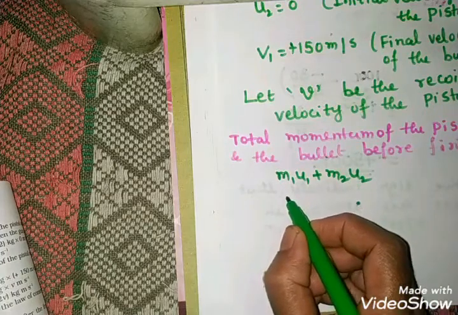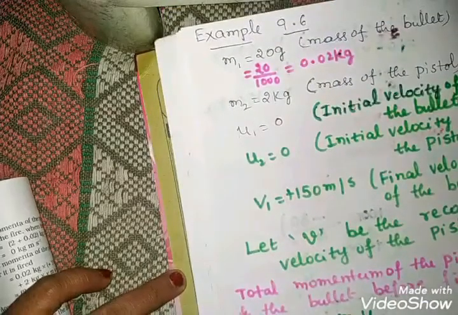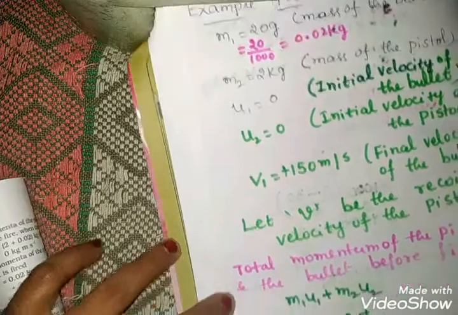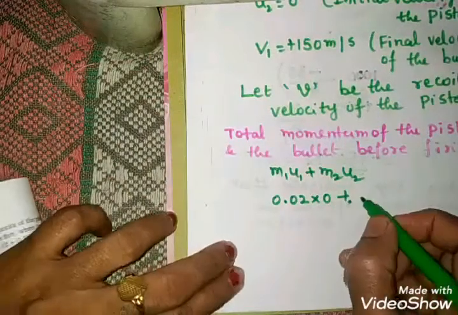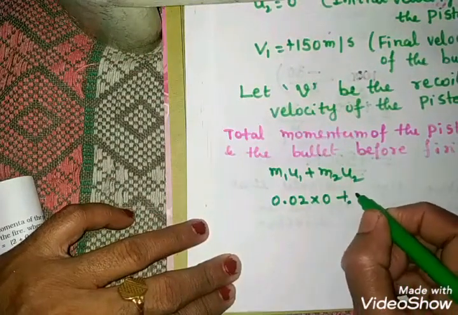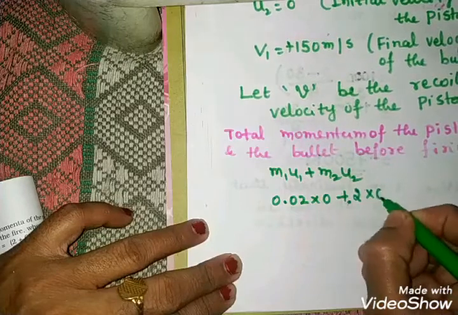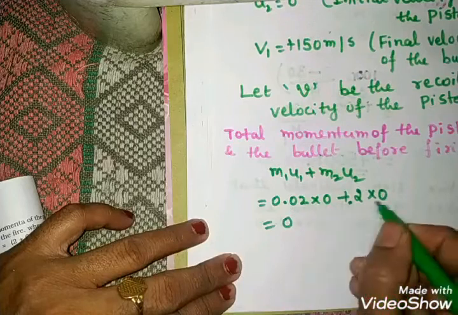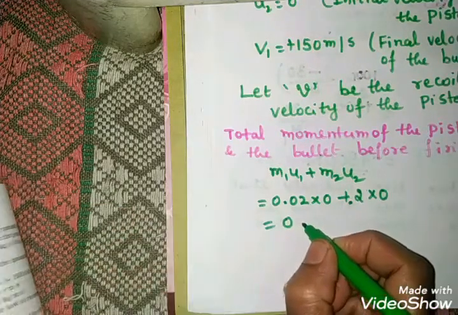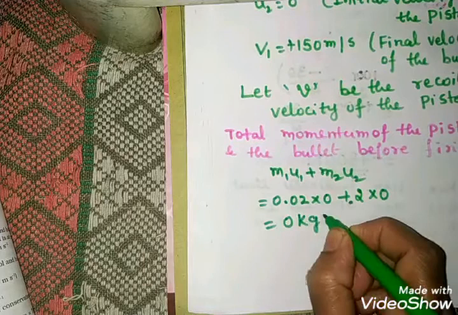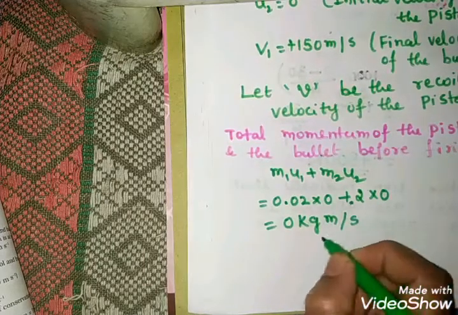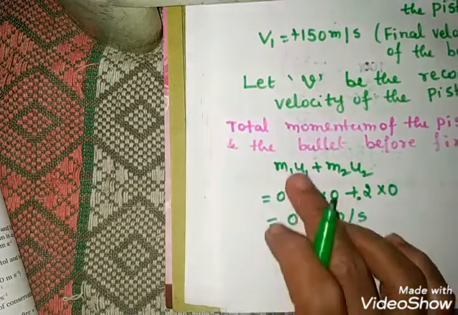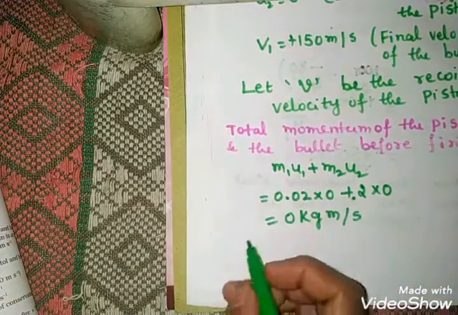Here observe, children, M1 is 0.02 into U1, which is 0, and M2 is 2 kg into U2, which is also 0. So what happened? It becomes totally 0. Why? 0 into something is always 0, no? So we got 0 kg meter per second. This is the unit of momentum. So this is the total momentum of the pistol and the bullet before firing.